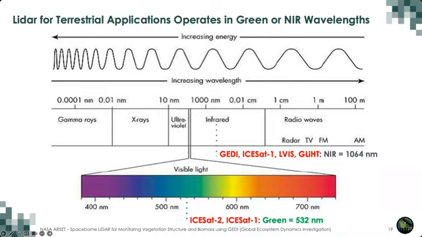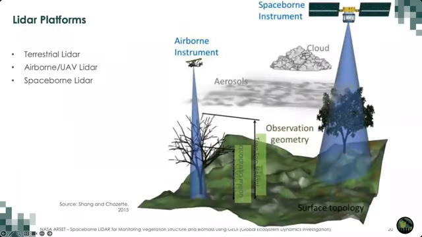On this slide, you can see a list of some of the available LiDAR instruments that include both spaceborne and airborne instruments, firing in the near-infrared as well as in the green portion of the electromagnetic spectrum. LiDAR systems can be deployed on various platforms, each offering distinct advantages.